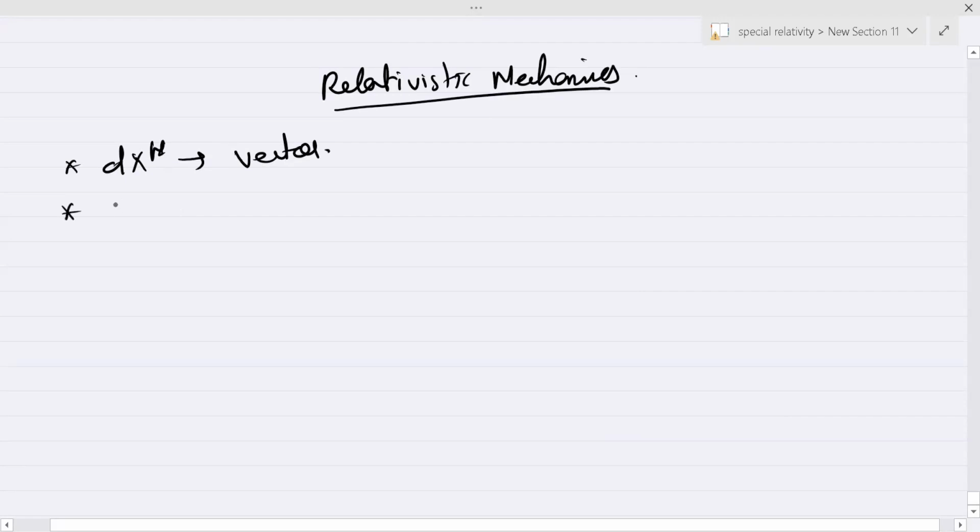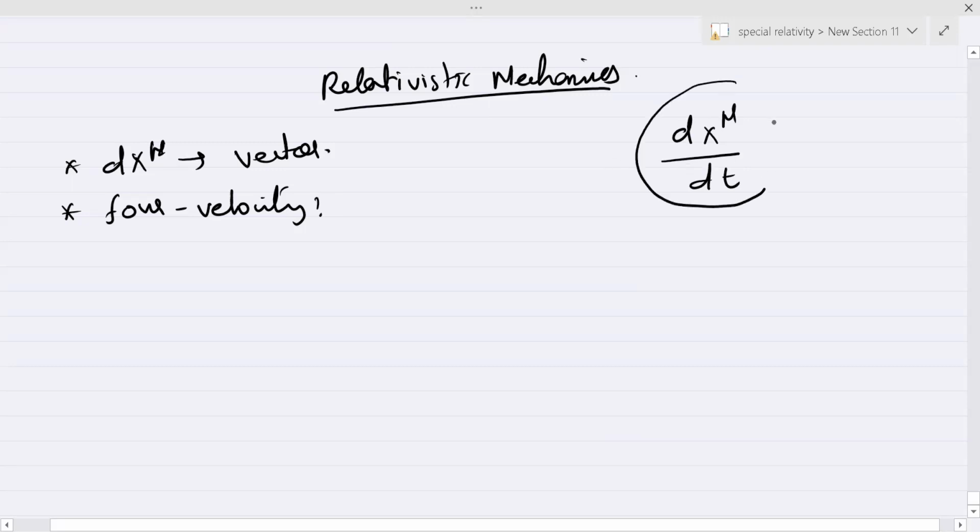Okay. So do we have a 4-vector for velocity? Can we construct a quantity that we can call a 4-velocity? The obvious choice that comes to our mind is dx^μ/dt. Can we call this a 4-velocity? If this has to be called a 4-velocity, it must transform under Lorentz transformation just like a vector.